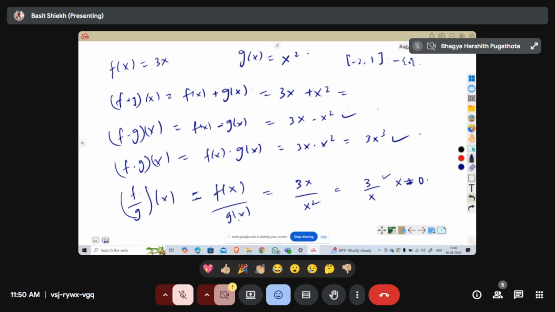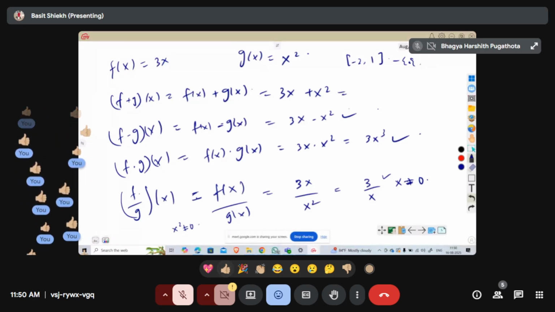And we can also say x square not equal to 0, g of x not equal to 0, here x not equal to 0. Is this clear? I hope it's clear to everyone.